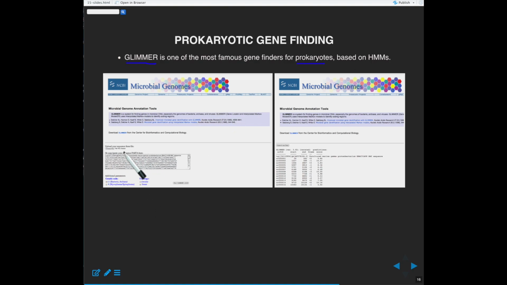So if you were to go out there and sequence a bacteria, or prokaryote in general, you can go to the NCBI, which we're all familiar with, and you can copy and paste your FASTA file right there into the Glimmer window, and a little bit later you'll get back this kind of response that says, the first open reading frame is from bases 59 to 583, and it'll give you back everywhere it thinks that there is a gene in that genome.